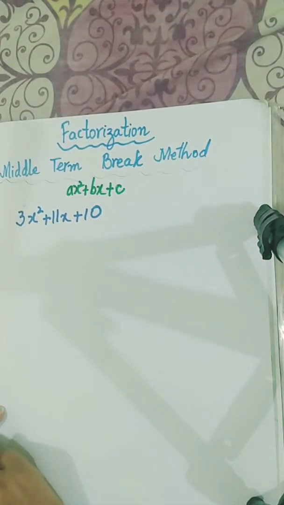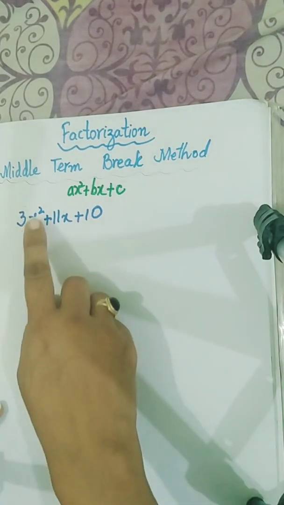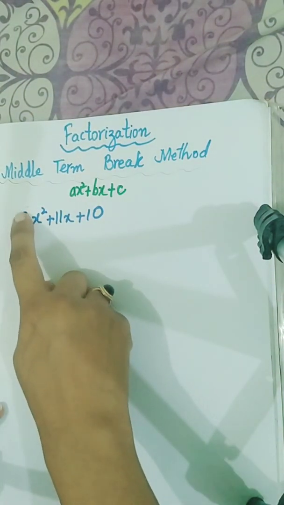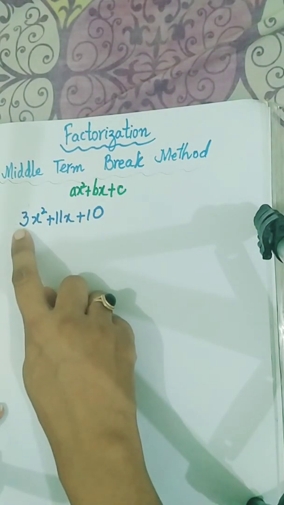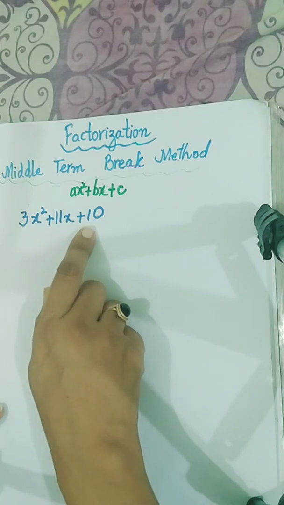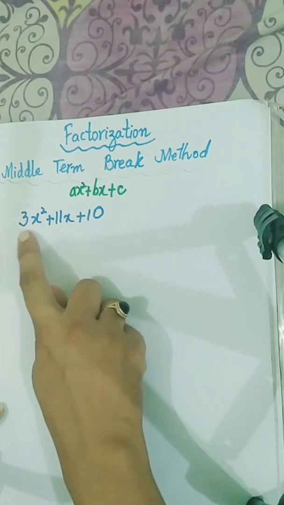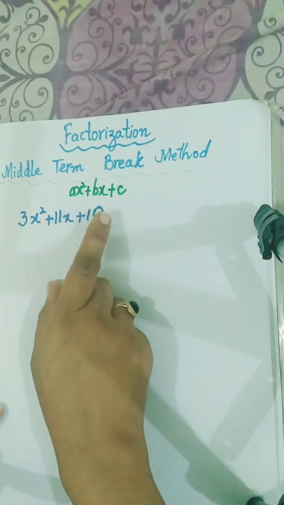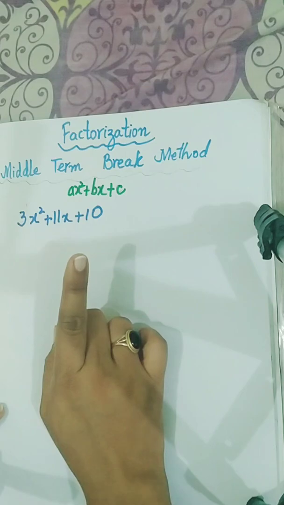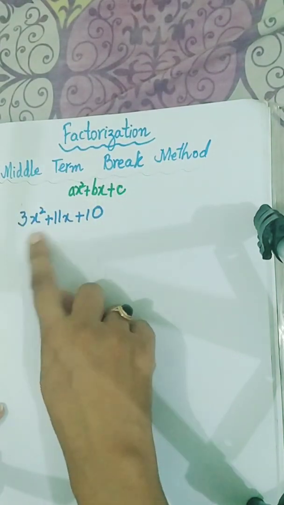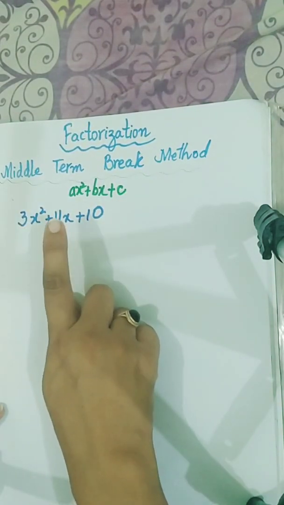What do you think we will do to solve it? If any expression has a coefficient of x square other than 1 and it cannot be factorized with the help of an algebraic formula, or by taking common, or by the grouping method, then we will move towards the middle term break method if we have a trinomial.